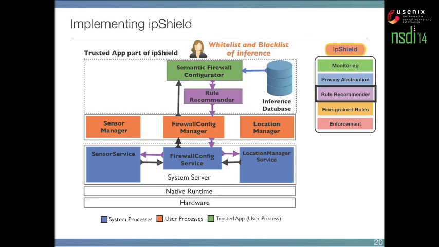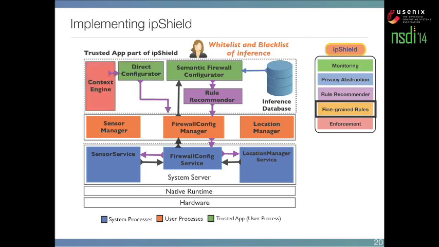We implemented the rule recommender, the algorithm that I just mentioned. And finally, we have this other mode, which is the direct configurator mode. In this mode, the user can manually configure policies. We also implement a context engine. So this engine takes into account raw sensor data and provides the current context state of the user.